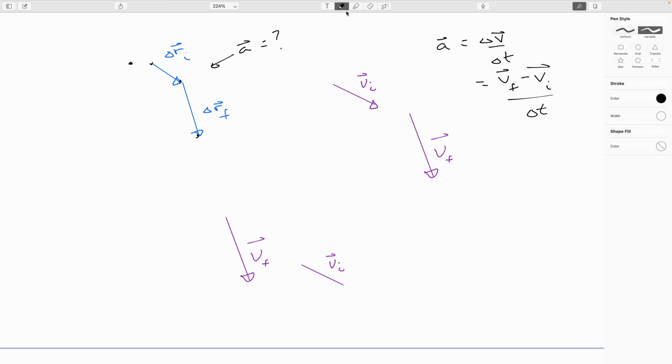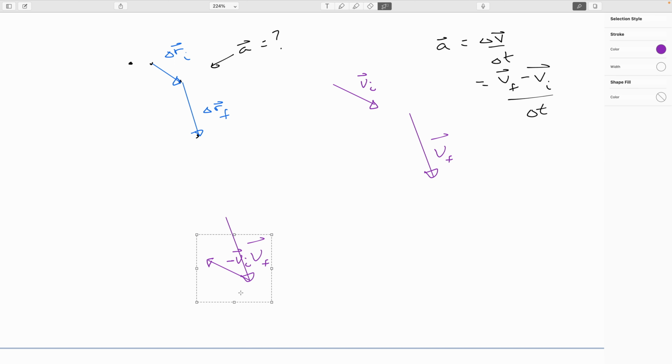So the way I'm going to get my negative v initial is to flip it. Like that. There, that makes negative v initial. And now I'm going to add my negative v initial to my v final by the tail to head rule to get my delta v.